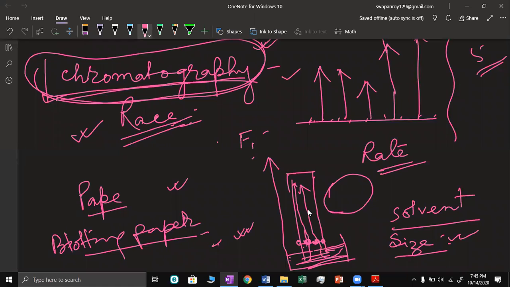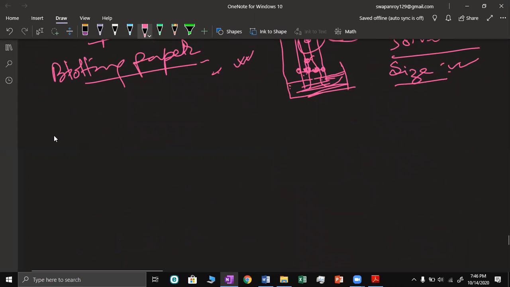So after some time, what we'll find is that some of the components are here, the other one is here, someone maybe has moved very slowly, so they will move at different rates and they will be separated. In a similar way, I think you have a practical of separation of photosynthetic pigment.